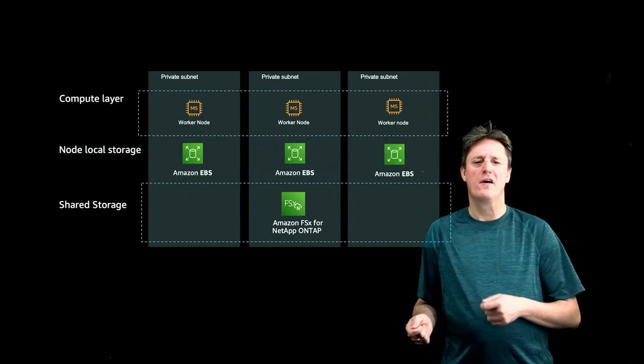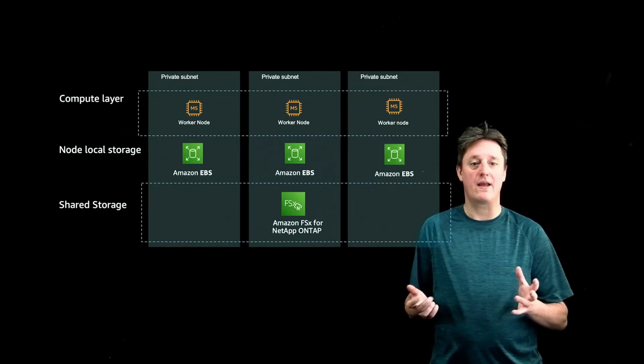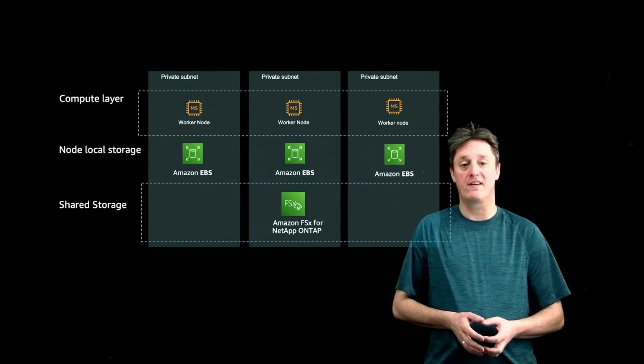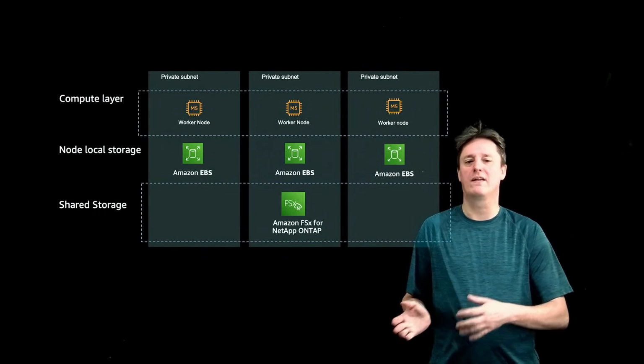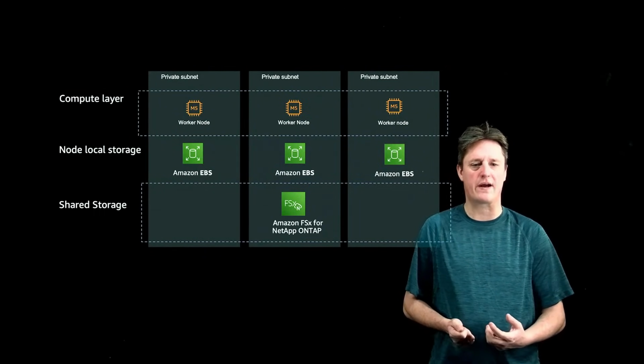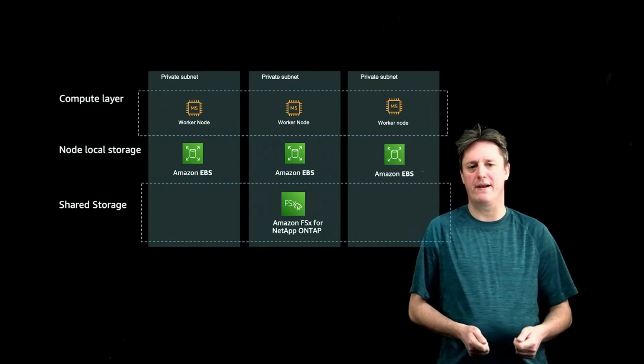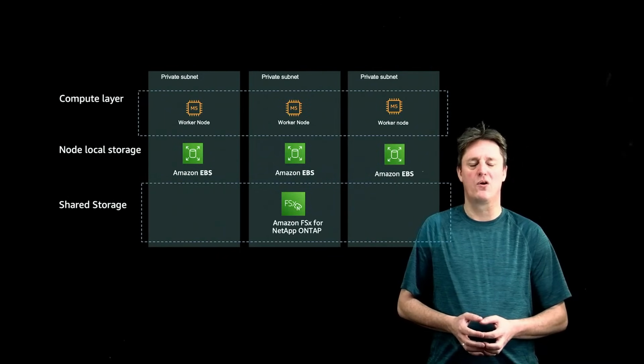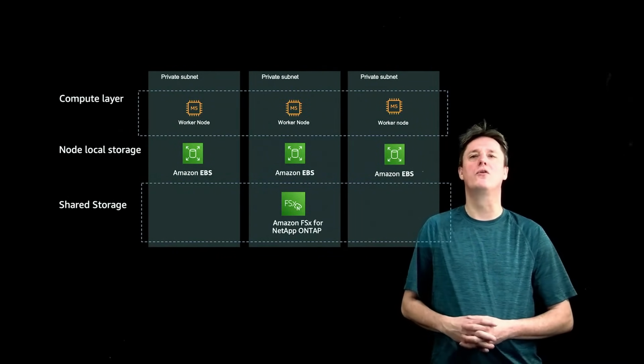It caters for both file and block and is an enterprise grade solution. The benefit here is A, it's not inside the customer's account, so we get that cost reduction, and B, it's a fully managed first-party native AWS service as opposed to potentially a third-party solution.